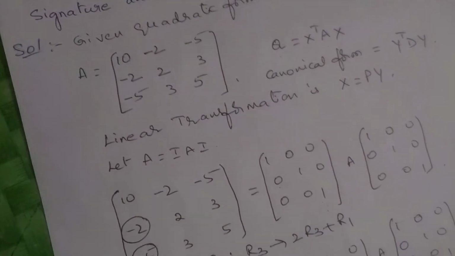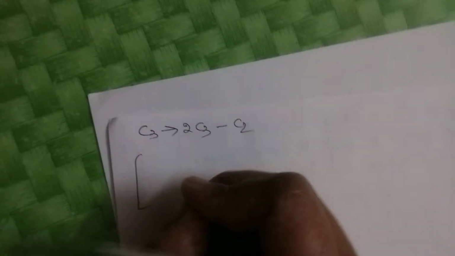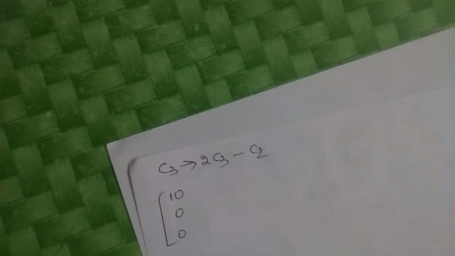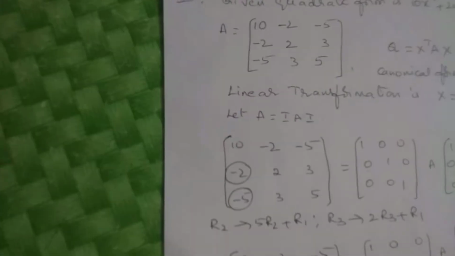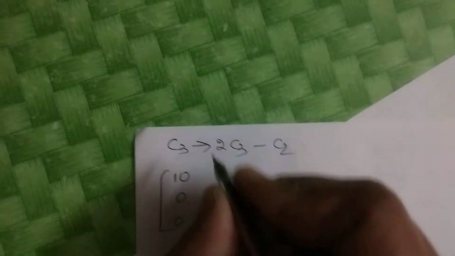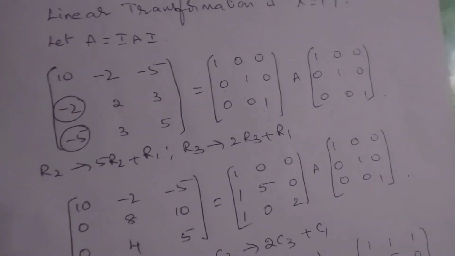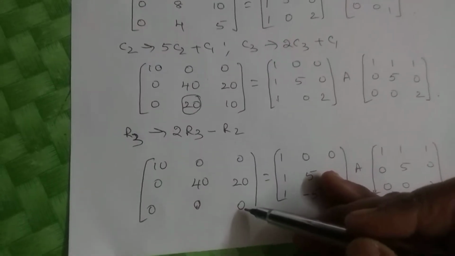Now this is 10, 0, 0. The next one is 0, 40, 0. The next one, see here, 0, 20, 0.